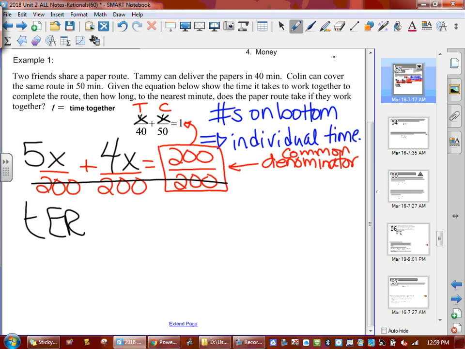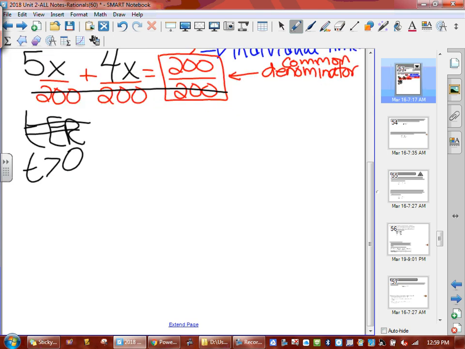We don't use negative numbers for problem solving. There's no negative time. So instead of x being an element of the reals, x has to be a positive number. So it's going to be x must be greater than 0. That's the restriction here, and it's always going to be that way because they have to be a positive answer. Okay, all right, now the bottom's gone.